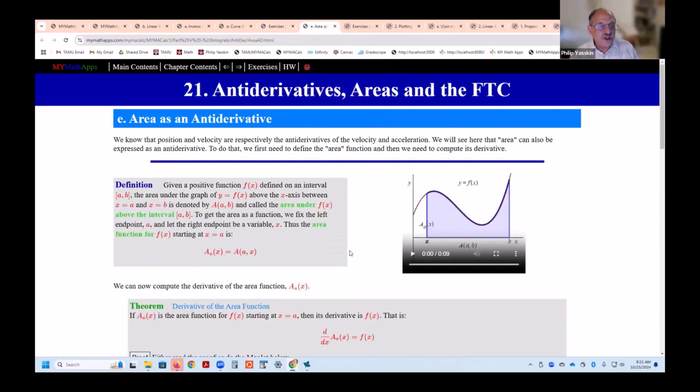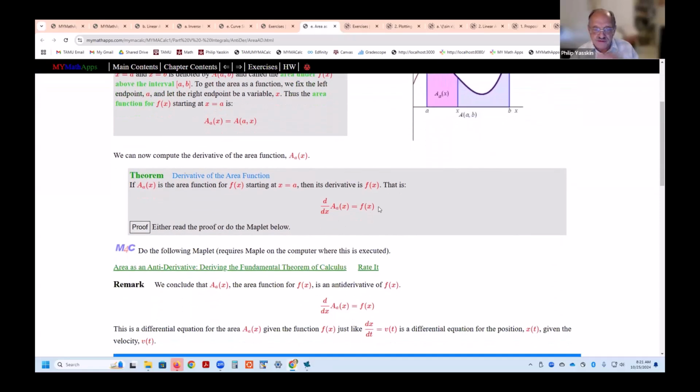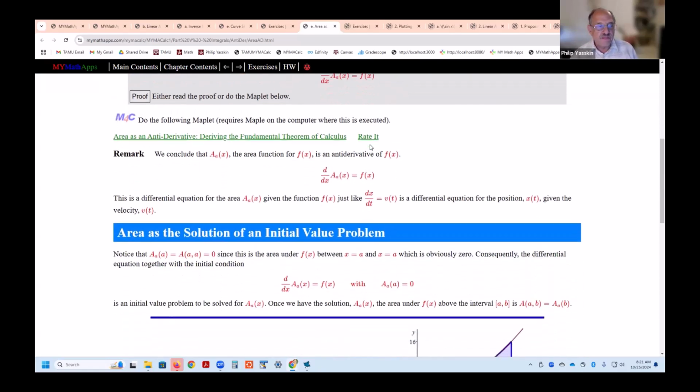Okay, this shows area as an antiderivative of the curve. And so given a function f of x, we have the area function under it. And we would like to prove that the derivative of the area function is the original function.